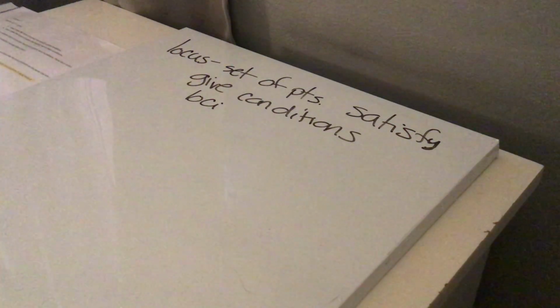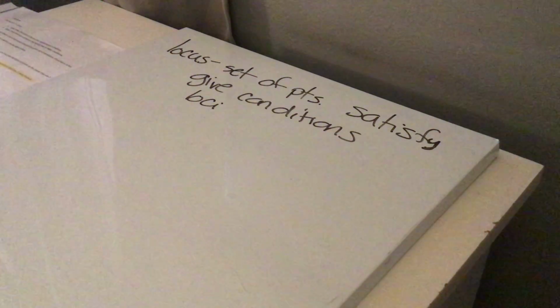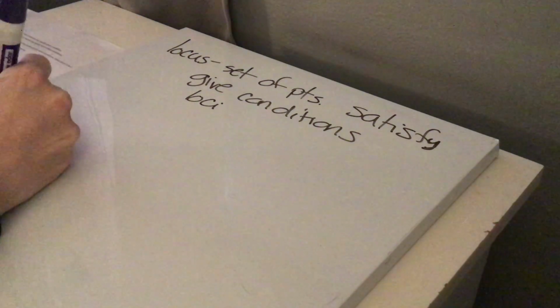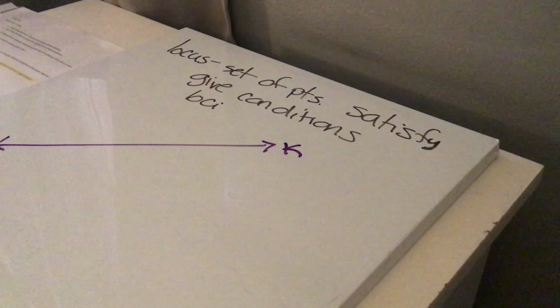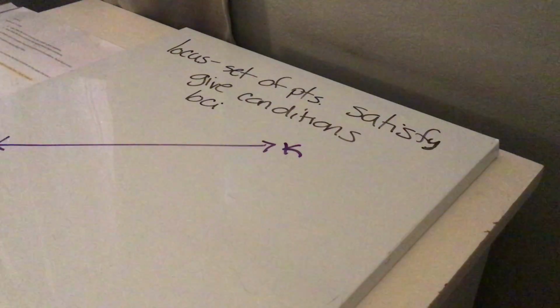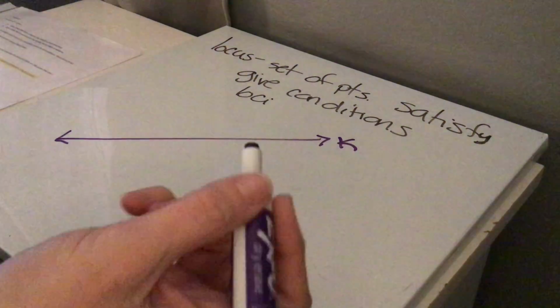Start by drawing a line on a piece of paper. Doesn't matter what the line looks like, just any line. We're going to name it line K. So here is my line K. We're looking to draw and describe the locus of points that are 1 inch from line K. All right, so where would be 1 point?